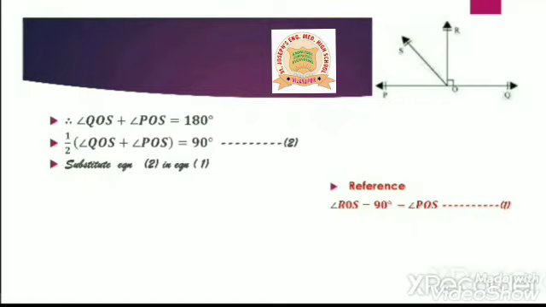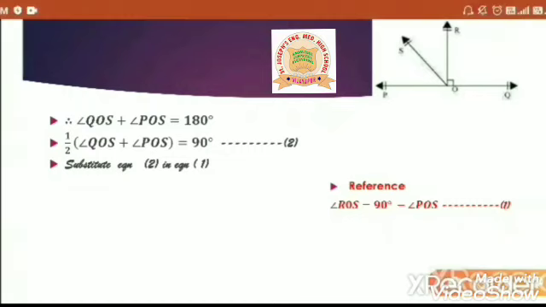We are going to substitute in place of 90 the relation half of QOS plus POS is equal to 90 degrees. This equation 2 we are going to substitute completely in this equation, putting this value in equation 1.